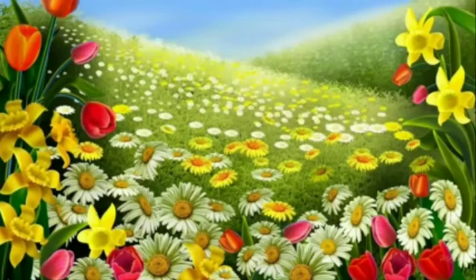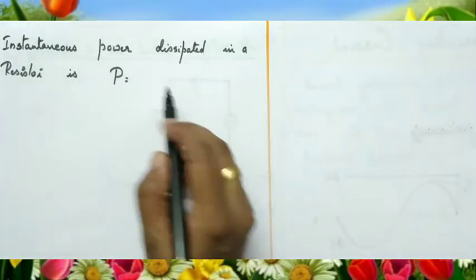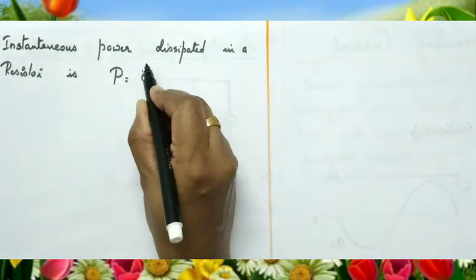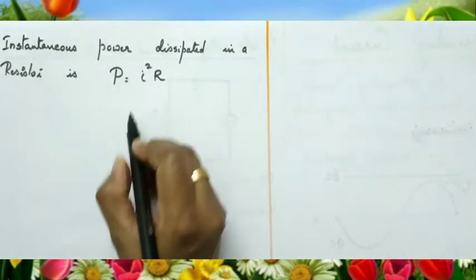Okay, next, instantaneous power dissipated in a resistor. We have the power given by the formula I square R. What is I?